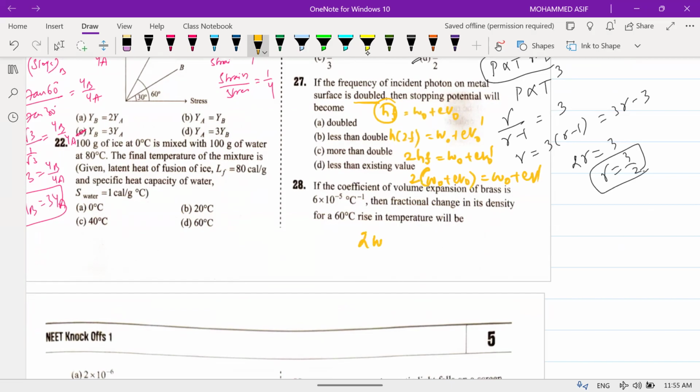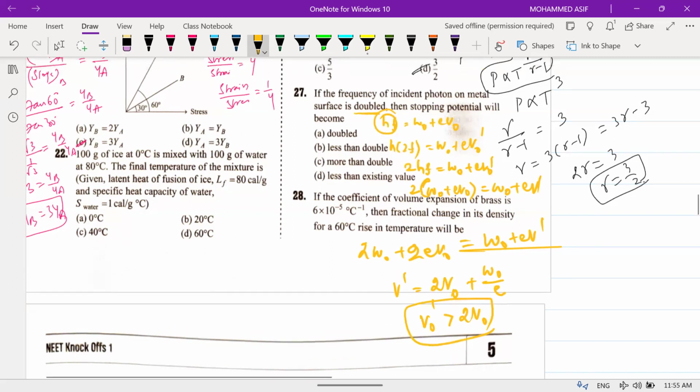So it is 2 times work function plus 2 times e V naught, equal to work function plus e into V dash. If I calculate, V dash will be equal to 2 times V naught plus work function over the charge of electron. So obviously V naught dash will be greater than 2 times V naught. So it is increasing. It is more than double.